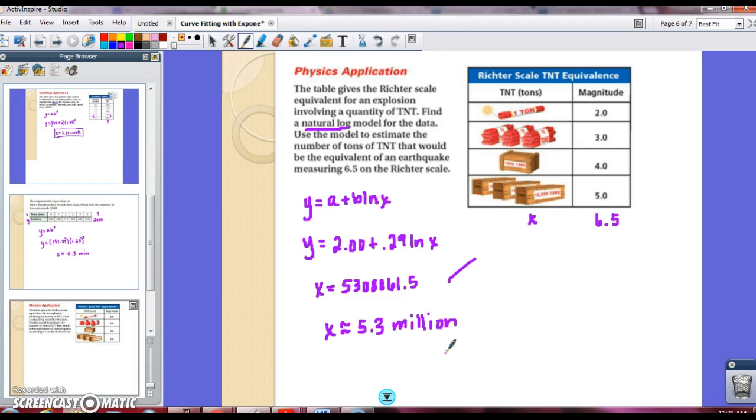Yep, 5.3 million tons of TNT is needed to get a 6.5 magnitude, right? That's pretty big. That's pretty hefty.